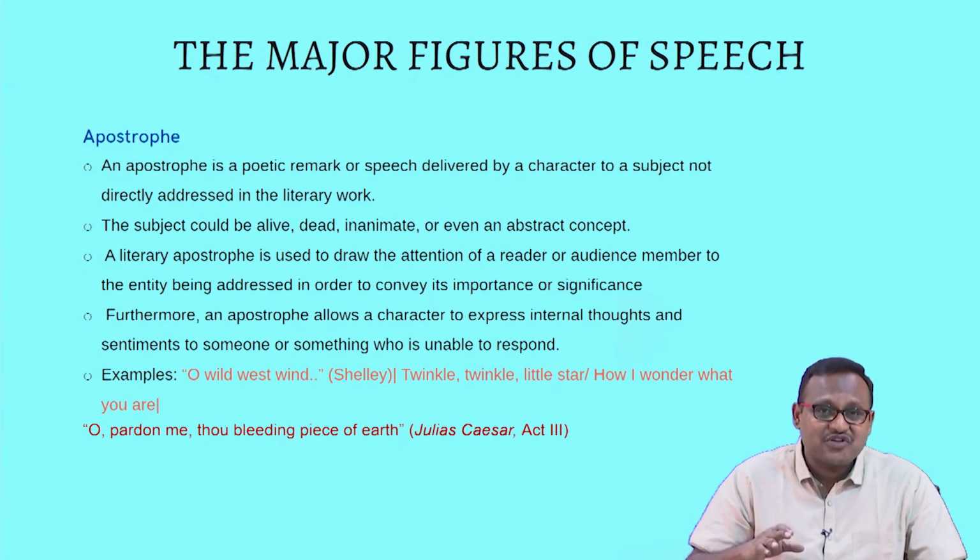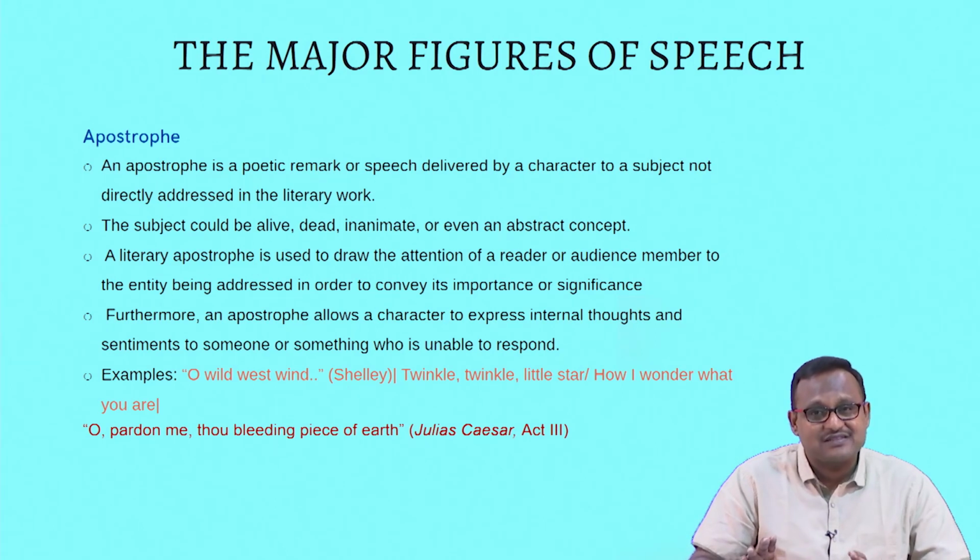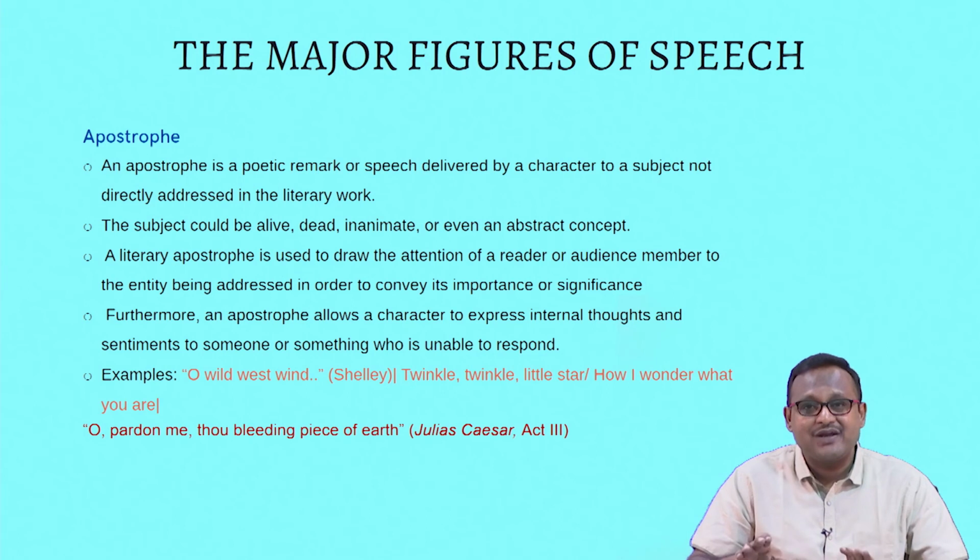And as a literary device, apostrophe also allows the poetic person to express his or her feelings in a free manner. It's like baring oneself out thoroughly. So, when you address a nightingale as a friend, then you can say whatever you wish to say about that nightingale.